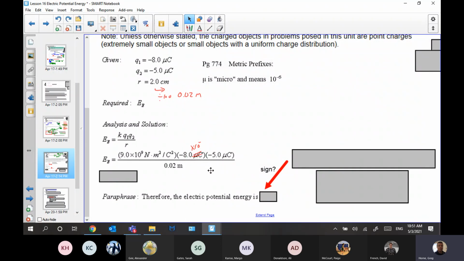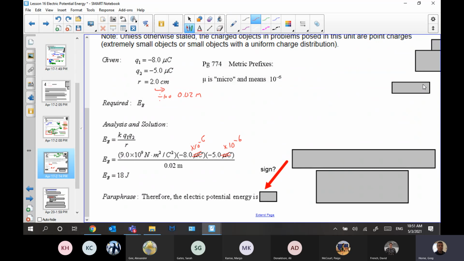There we go. 10 to the -6 and a 10 to the -6. But those numbers, of course, combine and give this. And also, just to point out, remember we have a minus and we have a minus, which led to a plus, right? This plus here indicates we have positive energy, of course, right?